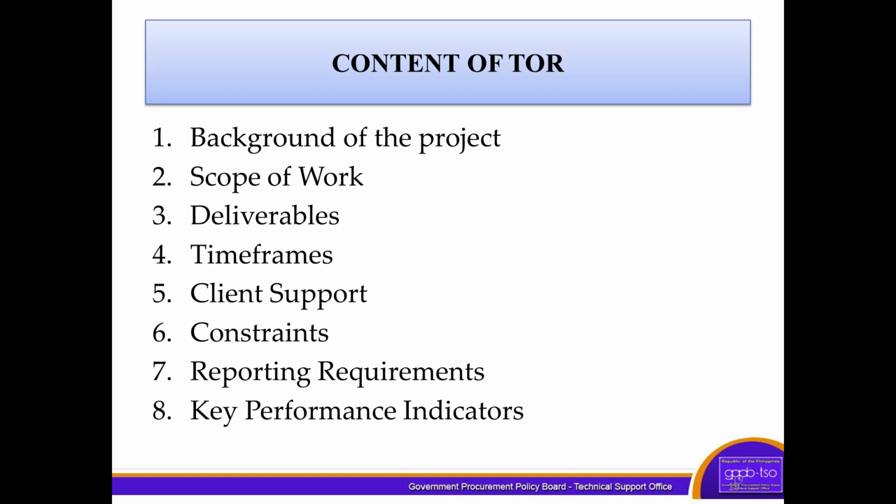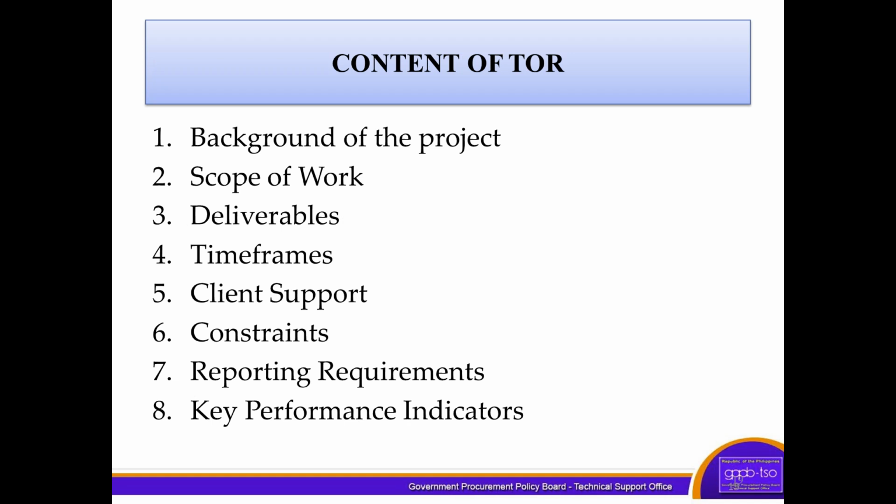So moving on, we have here the content of the terms of reference. First, we have to indicate the rationale of the project by its background, and then the scope of work, of course, and then the deliverables.